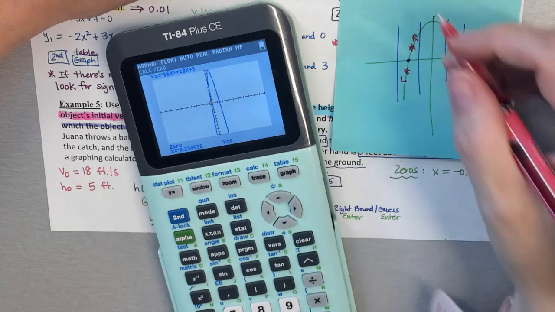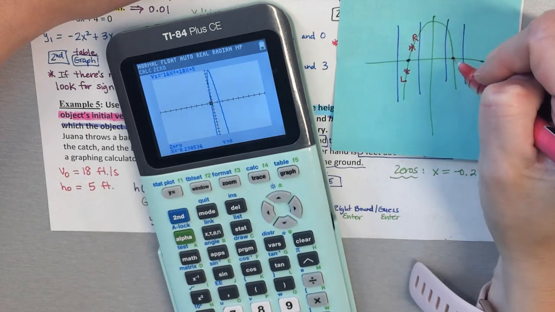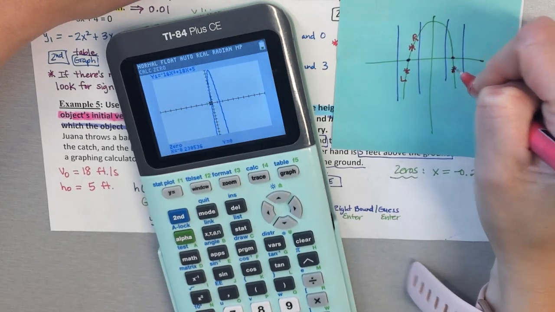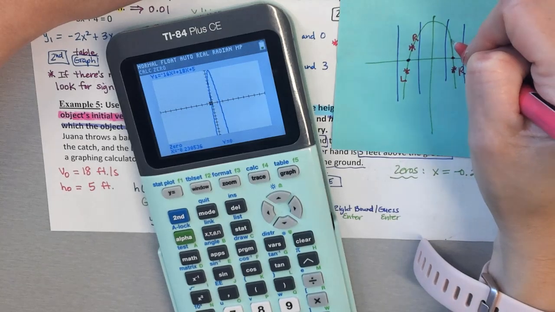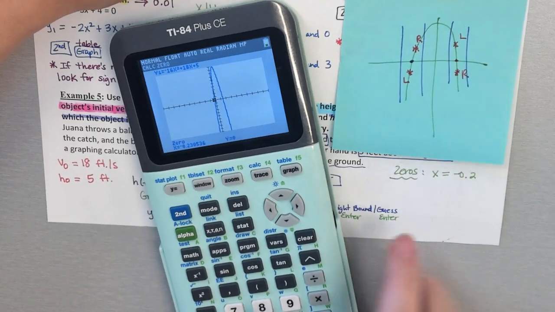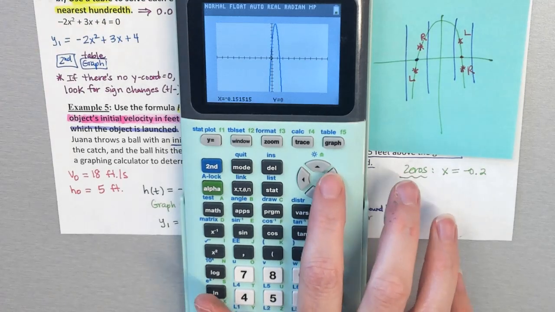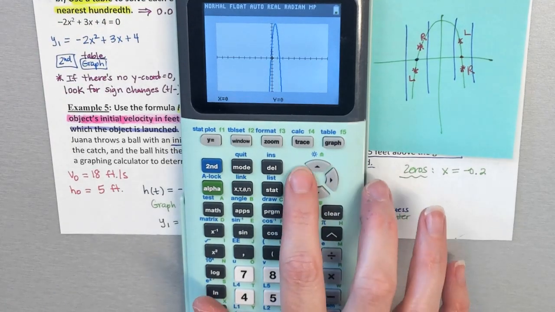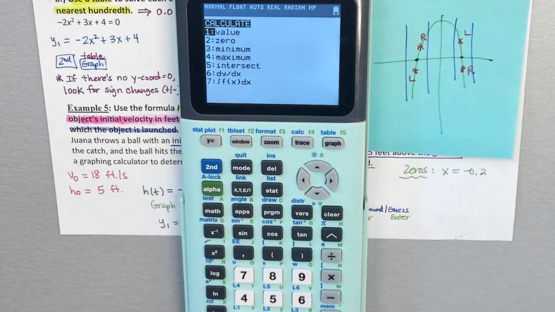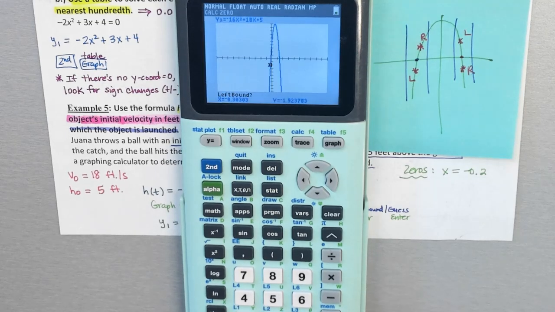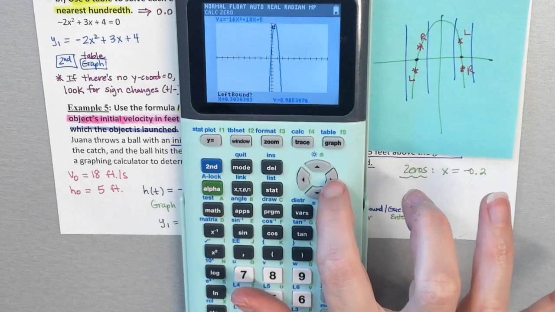So now you want to tell it, okay, find the x-intercept in between these two values. So when you use your cursor this time and you try to get it close to here, now below is the right side and above is your left side. Okay, so let's arrow it over. Oh, sorry, we have to go to calc first. So second calc, and then press 2 for 0. And now we can arrow it over.